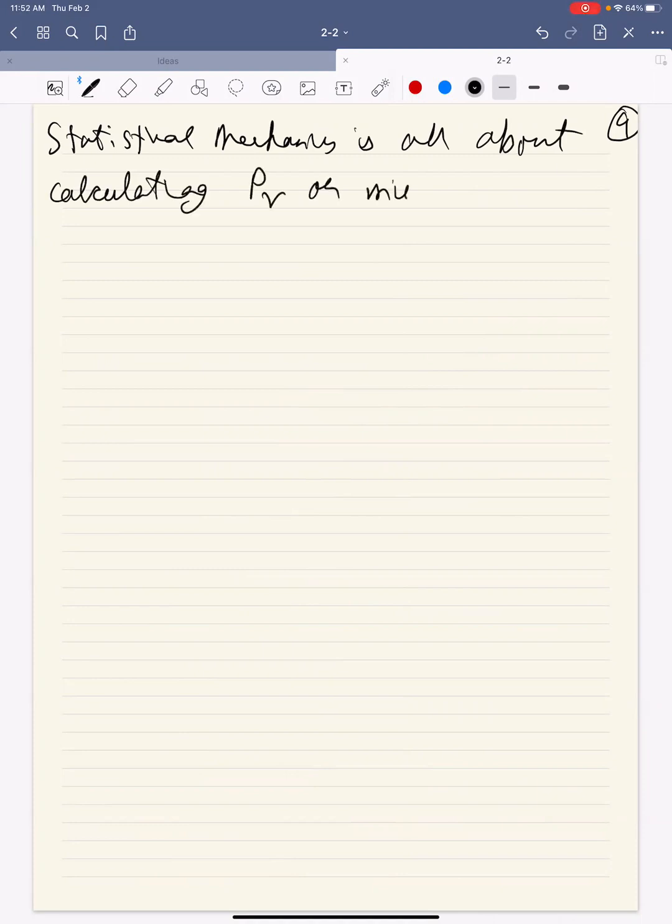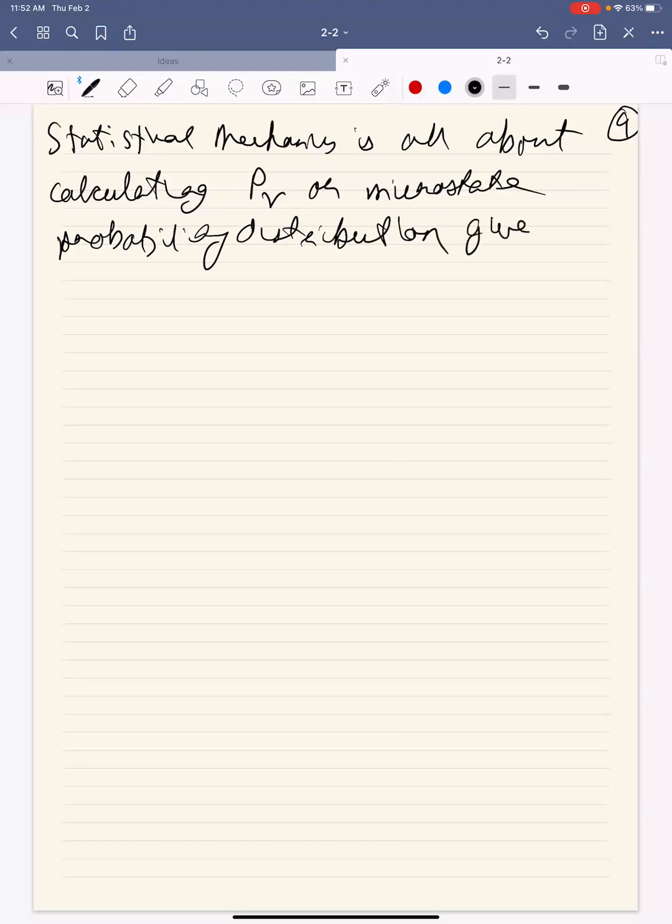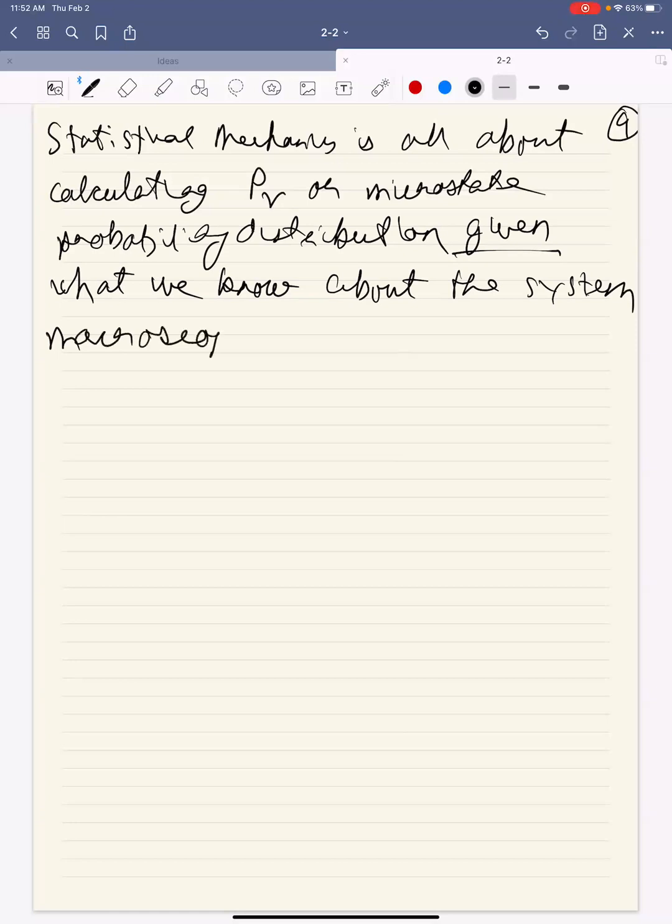Statistical mechanics is all about calculating P nu, the microstate probability distribution, given what we know about the system macroscopically. This is all there is to StatMech.